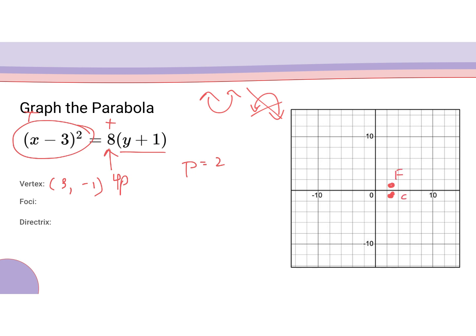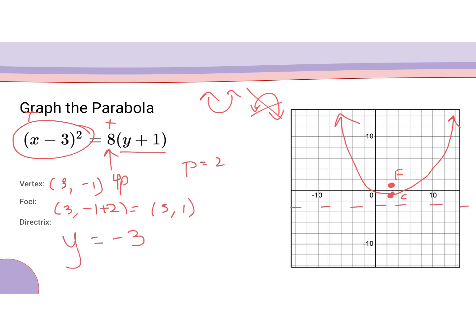That's my center. So if I add 2 to my center, I get the coordinate (3, 1). There's my parabola. And for my directrix, I just have to go 2 down. Now 2 down would take me to -3 on the y-axis.